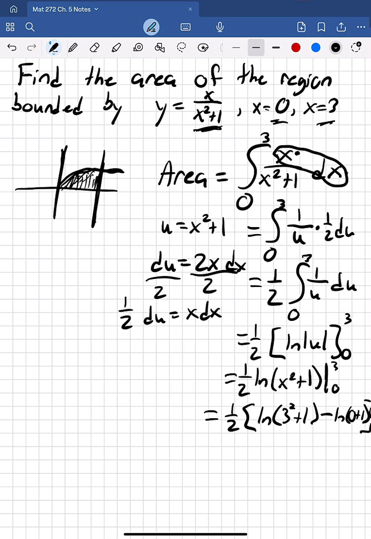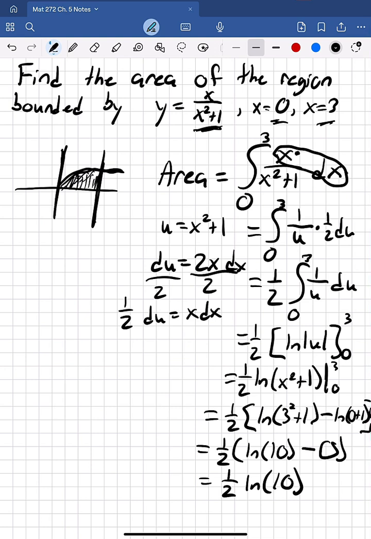Okay. Well, 3 squared plus 1 is 9, so I have the natural log of 10. Excuse me, 3 squared is 9 plus 1 is 10. And then 0 plus 1 is 1. The natural log of 1 is 0. Okay. So then my final answer is 1/2 the natural log of 10.